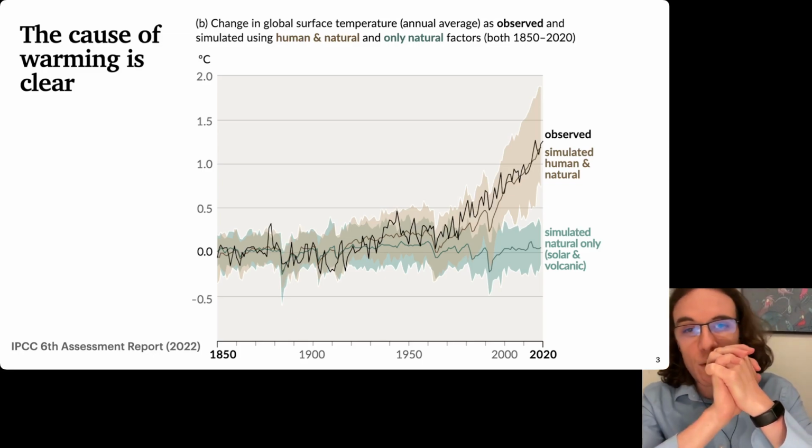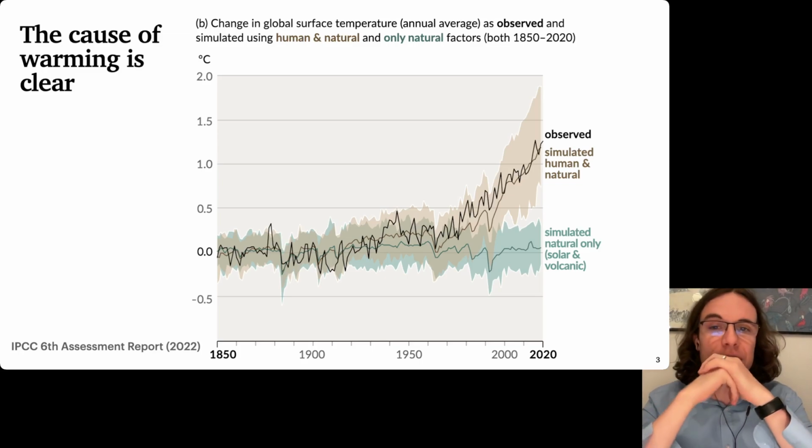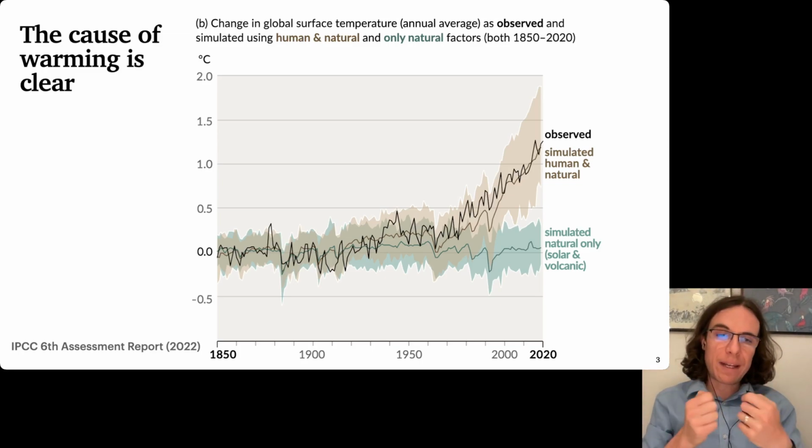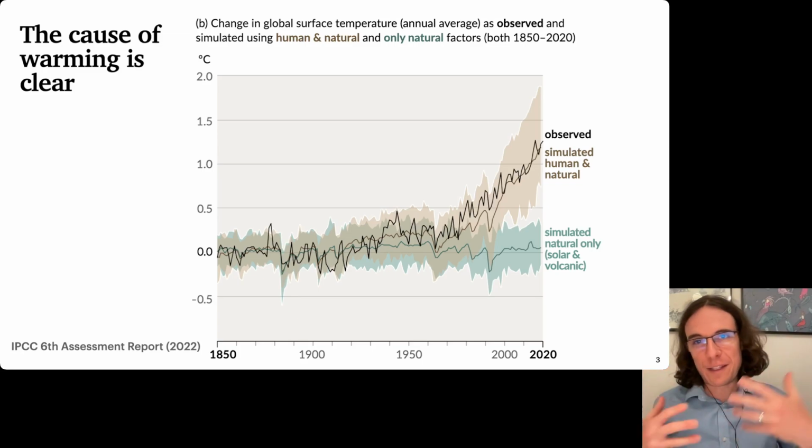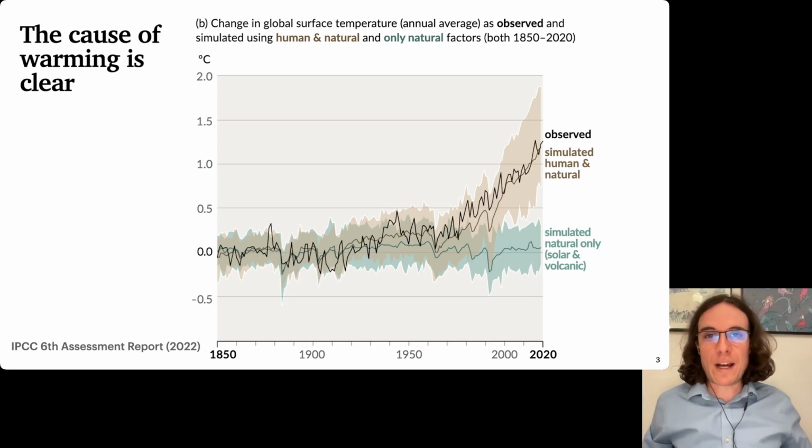And through the fantastic work of scientists worldwide, we've been able to unpick, is the warming that we're seeing something that's just sort of inherent to the cycles of the Earth and the atmosphere, or is it caused by our activities?